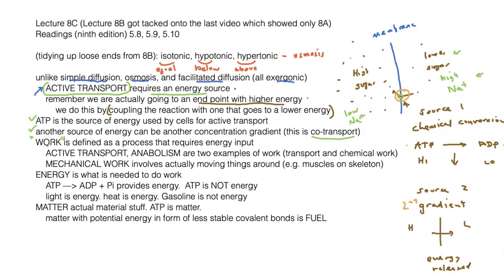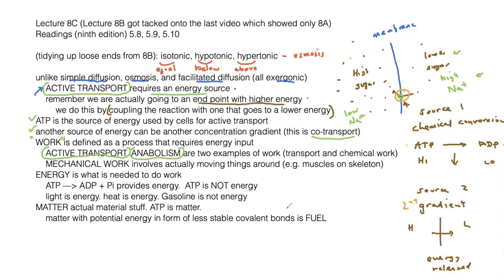And we've already talked about two examples now. Active transport very obviously requires energy input. Another thing we talked about earlier was anabolism. Remember, dehydration synthesis is something that happens only if we add energy in. There has to be some type of energy source in order to take amino acids and put them together to form a polypeptide.